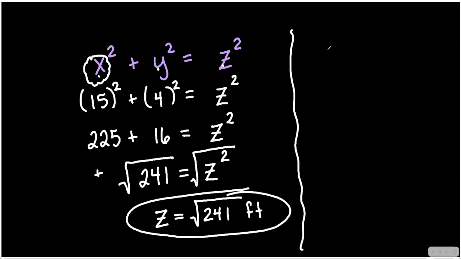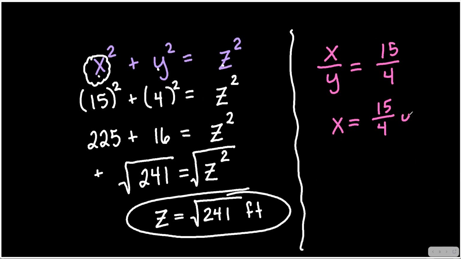Okay, so I'm going to set that up. X is to y as 15 is to 4. Well, multiply both sides here. I can actually get then that x is equal to 15/4 y.